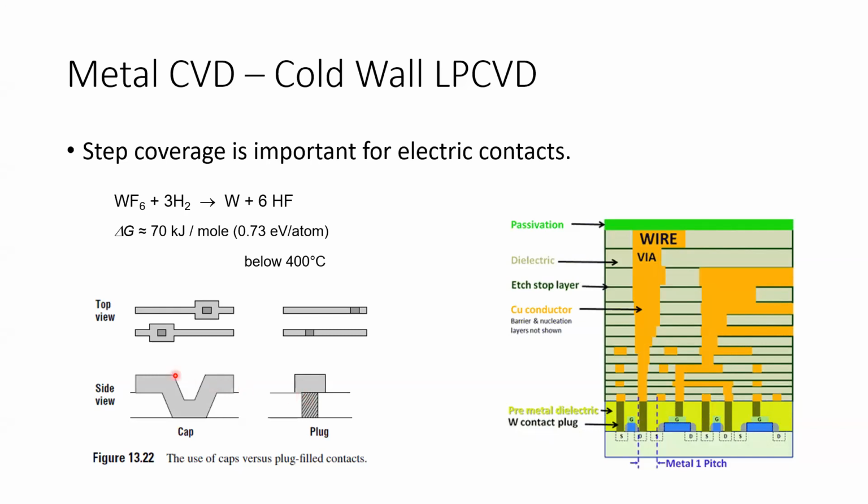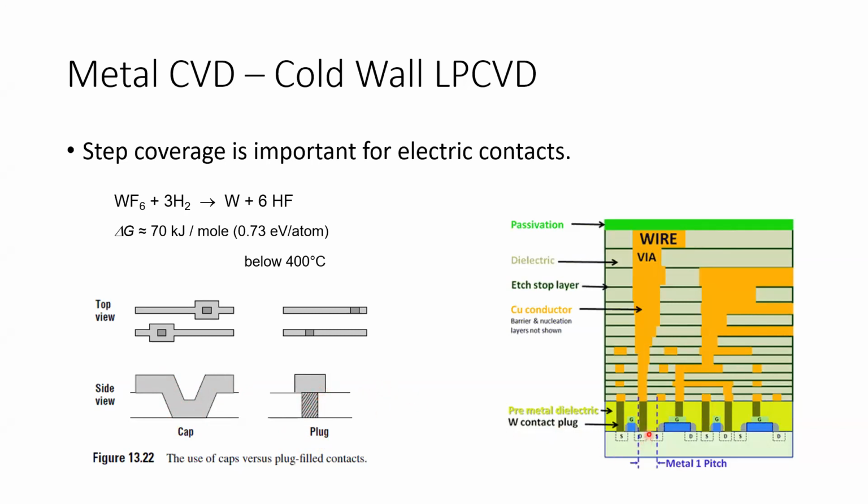And instead of making a cap contact, we use a plug. We deposit a plug, and it will decrease the surface area and give a more dense metal contact.